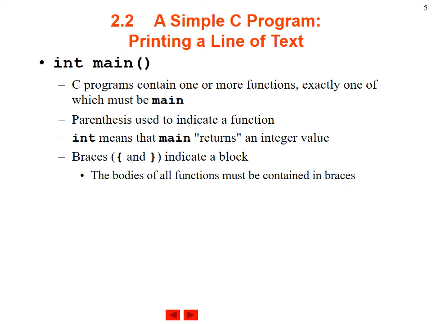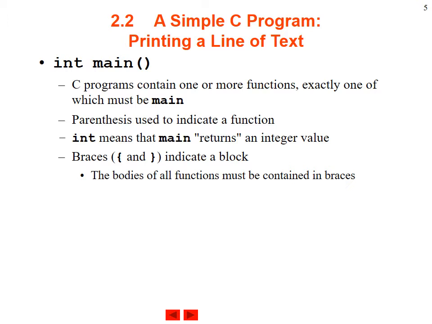A C program contains one or more functions, exactly one of which must be main. Like I said, only the statements in the main function are executed. So you have to make a call to any other function if it is not within the main function.